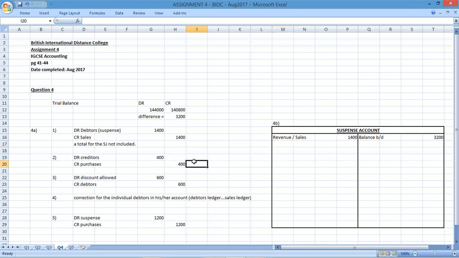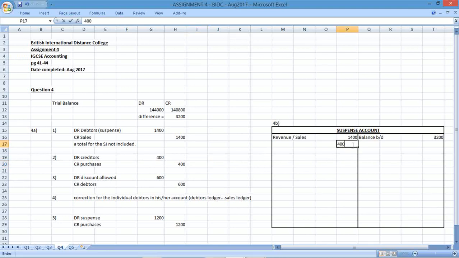Then the next point said one page of the purchases journal had been overcast by 400. So if the one page was overcast by 400, overcast meaning the purchases would have been too high. If the purchases were too high, the purchases need to come down. It was overcast, so there would have been suspense here of 400 for each of those line items.